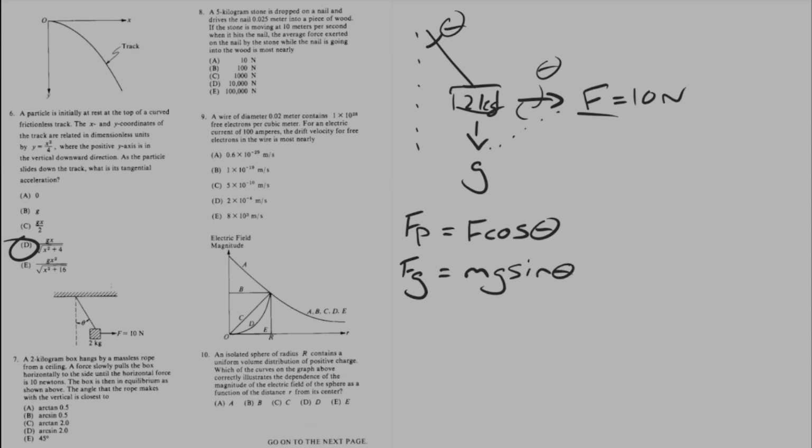So by combining those two things, I can set them equal, and then basically you just kind of plug and chug and solve.